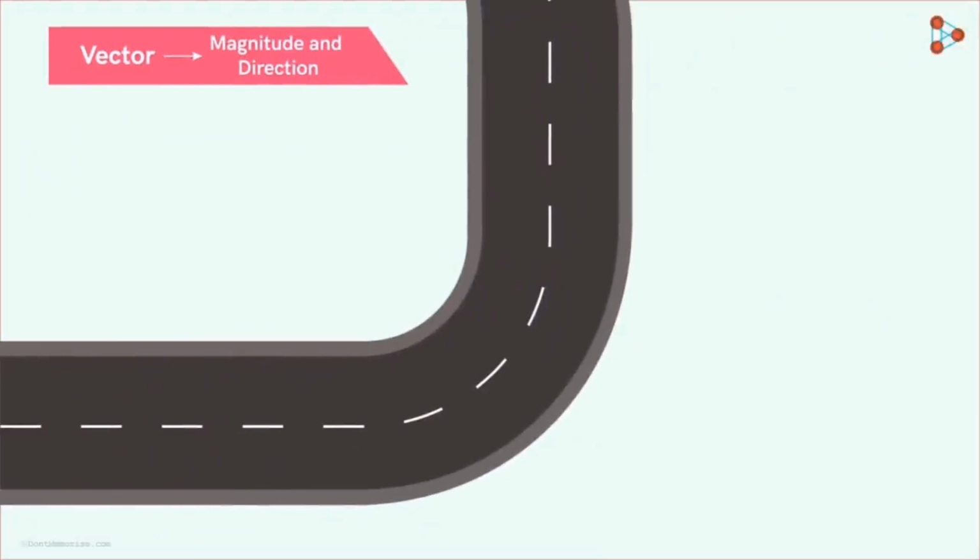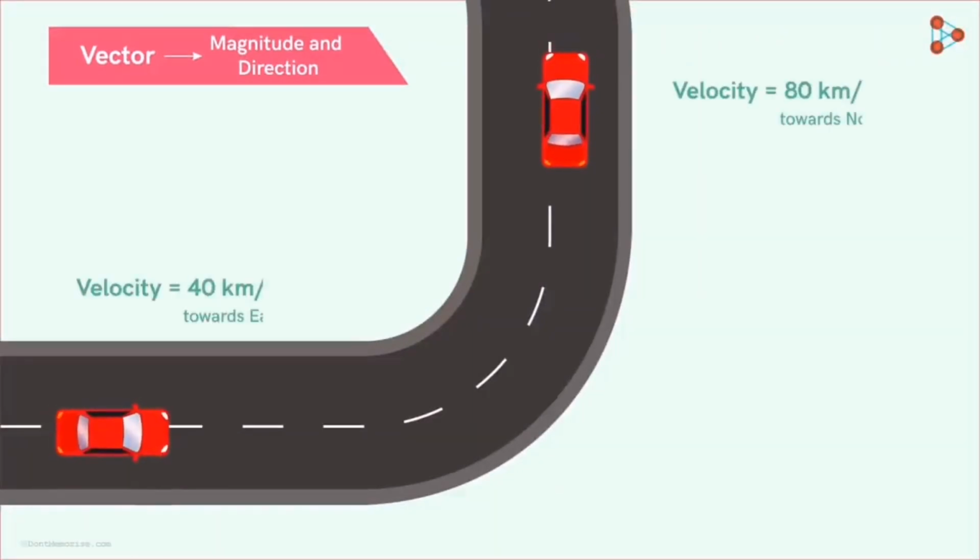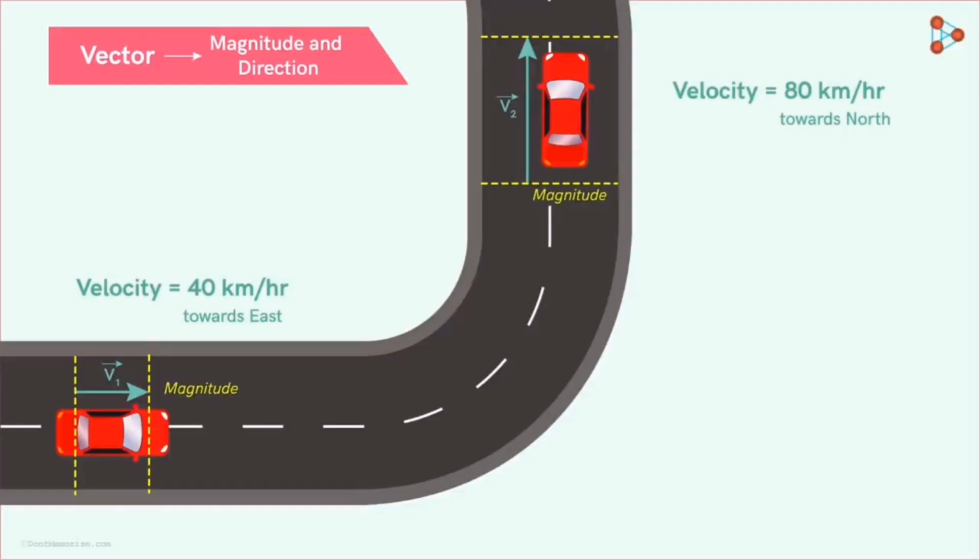For example, let's say that we have to represent the velocity of a car at these two places. Then we represent it like this, by vectors velocity 1 and velocity 2. Now, we know that the length of the line segment represents the magnitude of the vector.